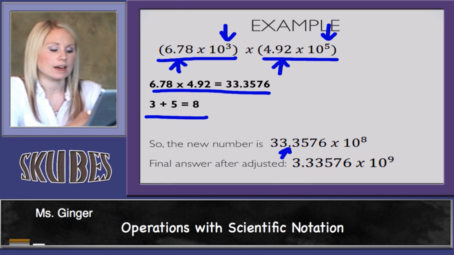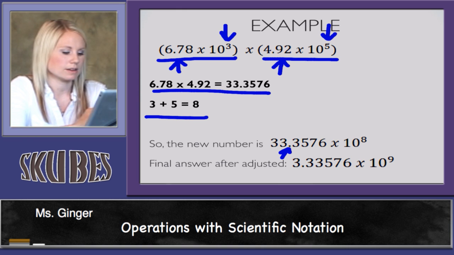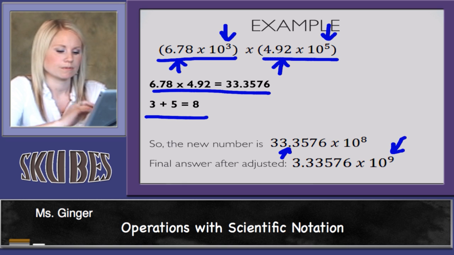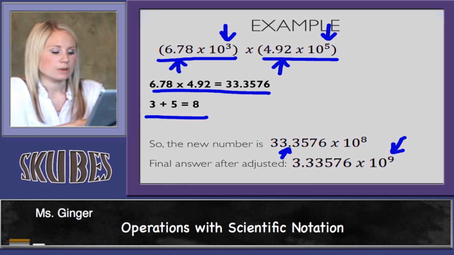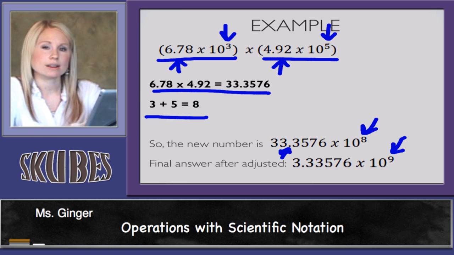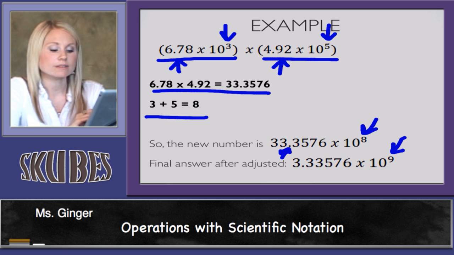Okay, when we did that, we need to adjust our power at the end on our 10. So we moved our decimal in one spot, which means instead of having a positive 8, we're now going to need to have a positive 9. So our new adjusted scientific notation number is seen here, 3.33576 times 10 to the 9th.